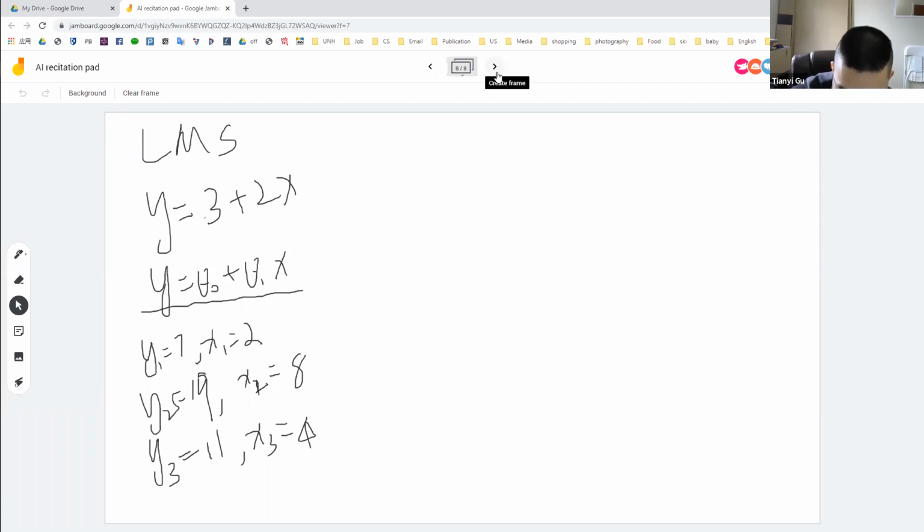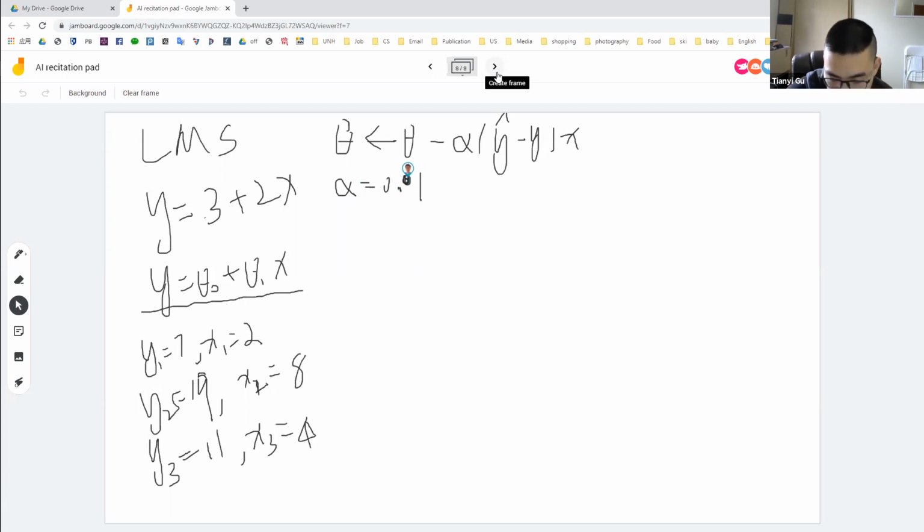The update rule is gradient descent, which uses the difference between the hypothesis value and the data value, and for each feature we train a theta. Then we have alpha equal 0.1. In this example we're using a fixed learning rate, which is 0.01.